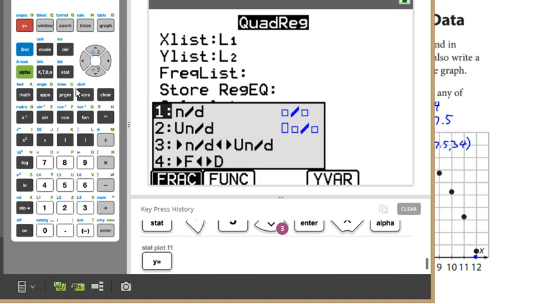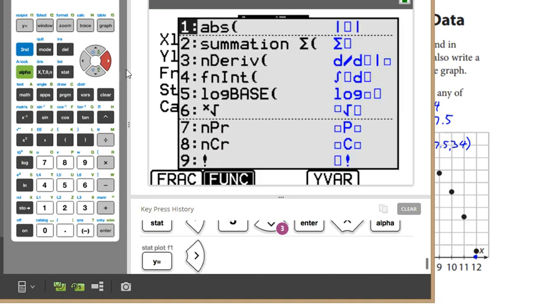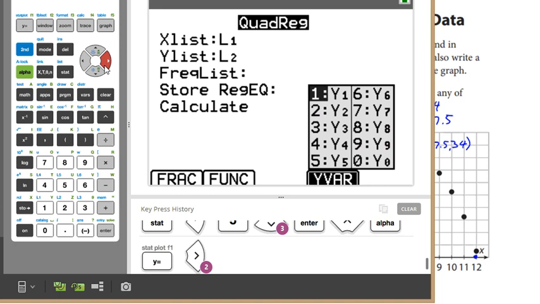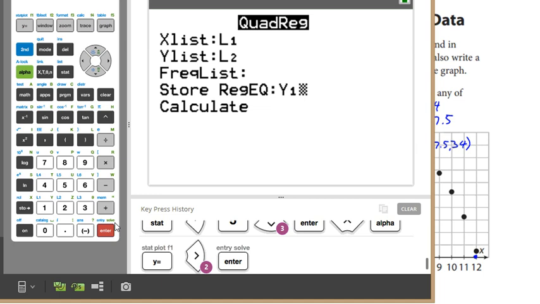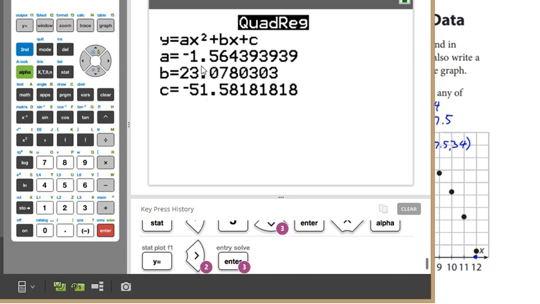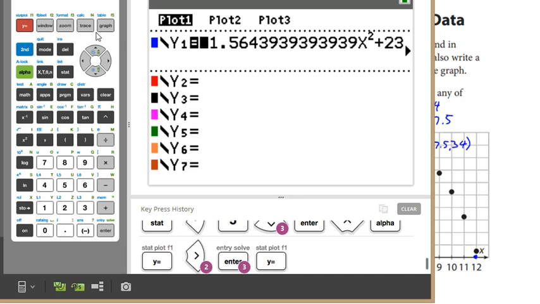Go to the right. Says y1. So I'm going to hit that y1 and go down, hit that twice, calculate. So here's the calculation of that, and when we go to y equals, we should see that entered right here. See that? So now we're going to see how well this fits.